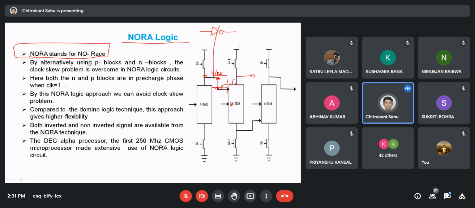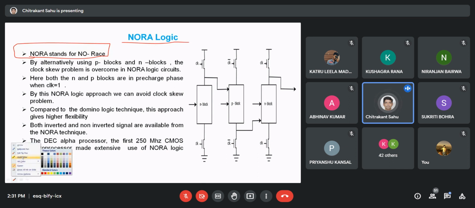The second, alternative one is called NORA logic. If you don't want to use the inverter repetitively, you just use the n block and p block concept. As we know, in dynamic logic, an n block is followed by a p block, or a p block by an n block, using the pull up network or pull down network only.